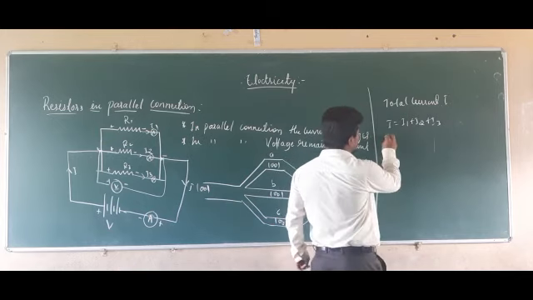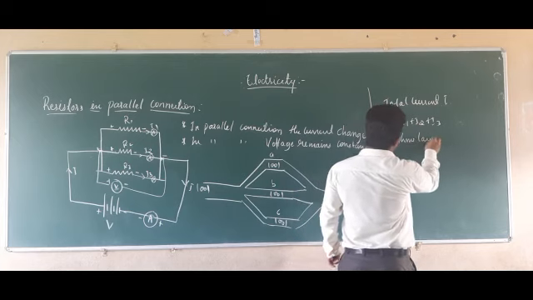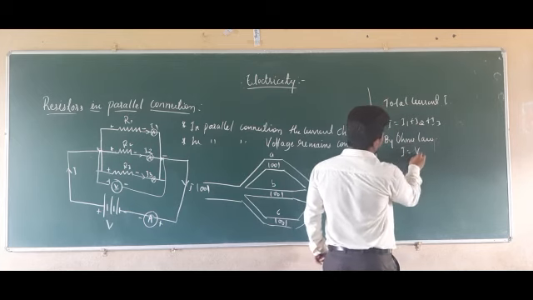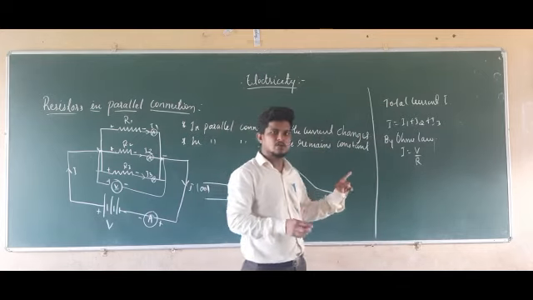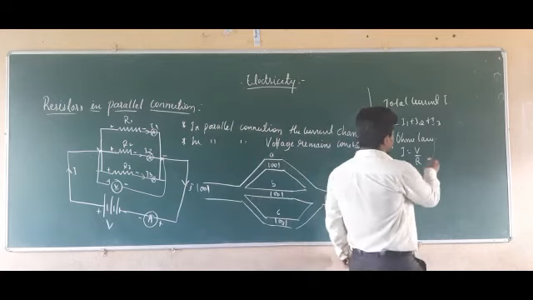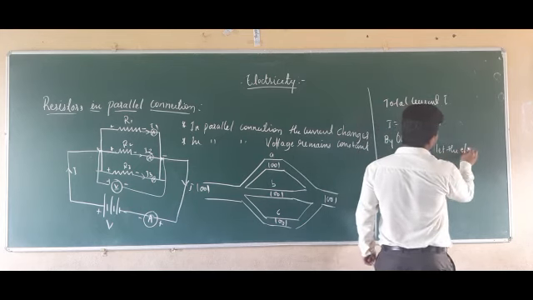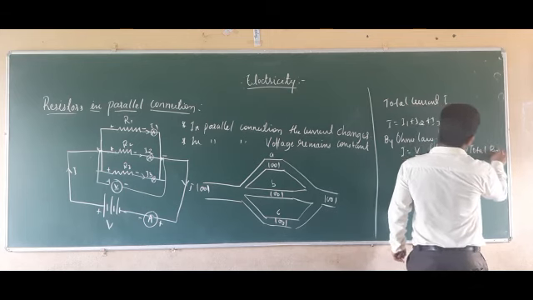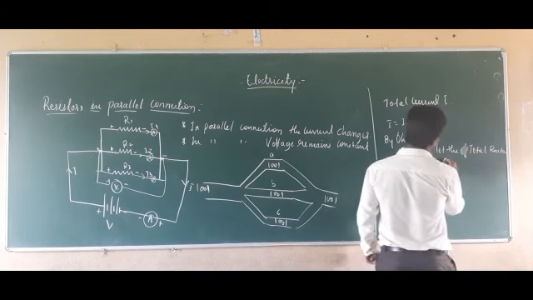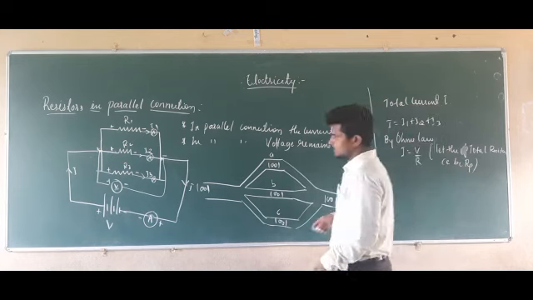By Ohm's law we know that I equals V divided by R. If you remember the Ohm's law triangle, I equals V by R. So let the effective resistance or total resistance be RP.